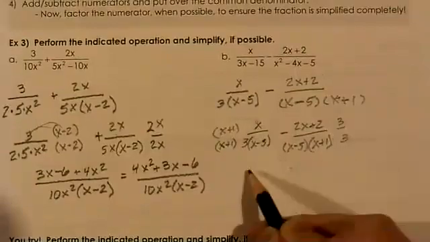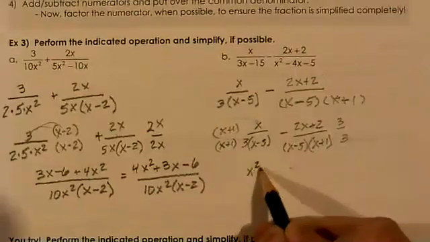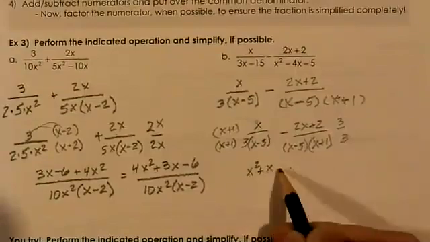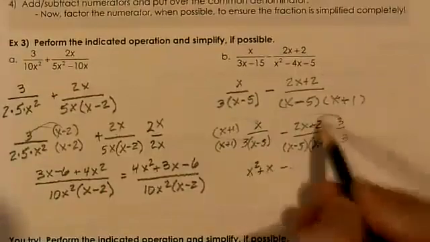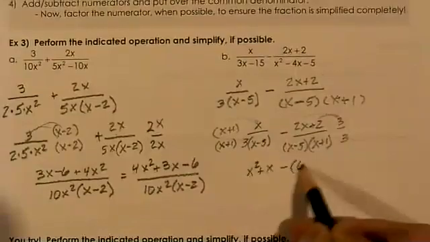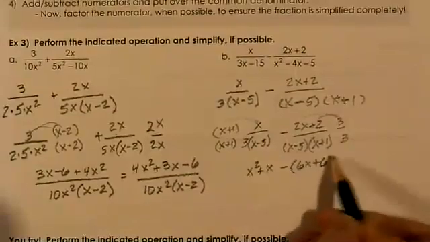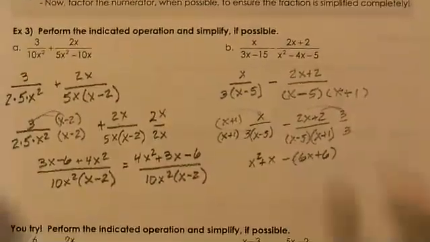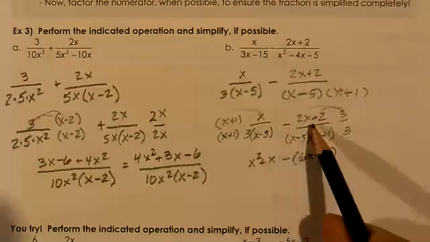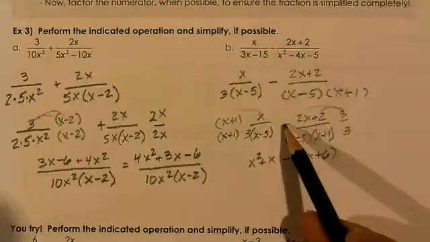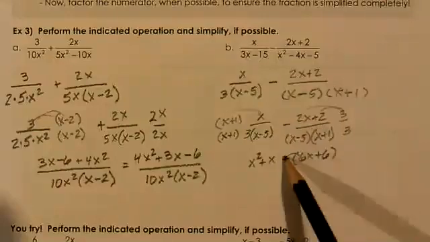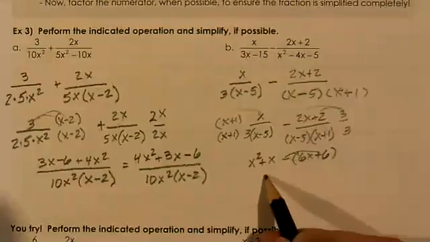Distribute this in, and you get x squared plus x. Distribute this in, and we get 6x plus 6. Now you've got to be careful because you're subtracting. If you're subtracting, you've got to subtract both of those terms.